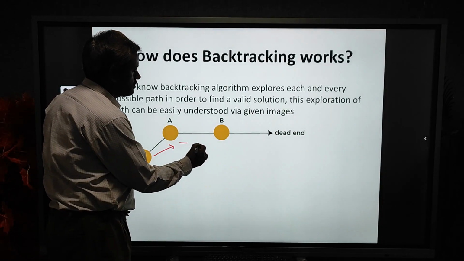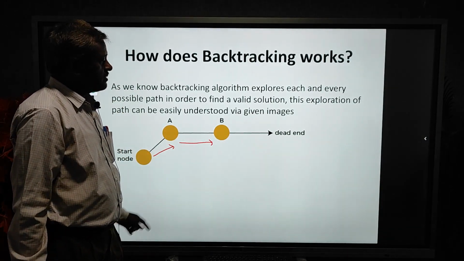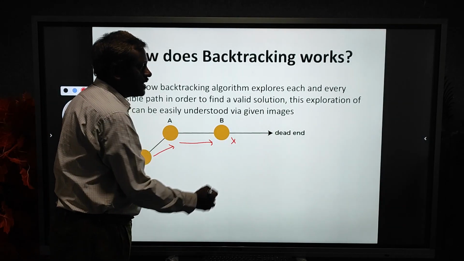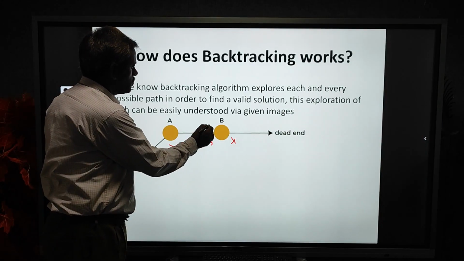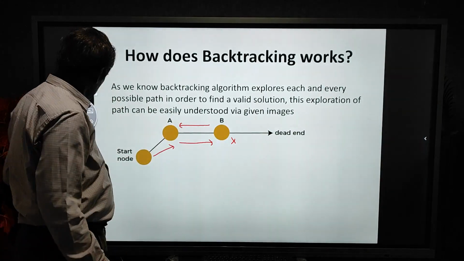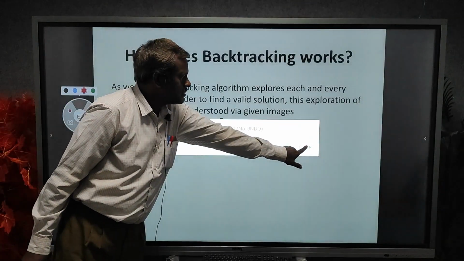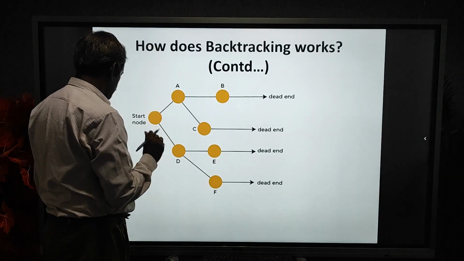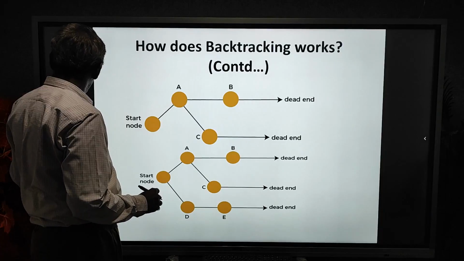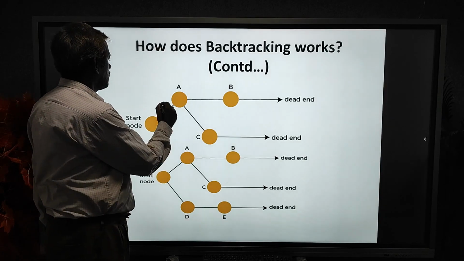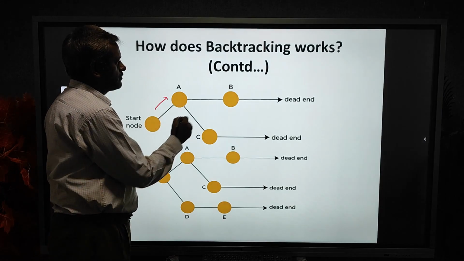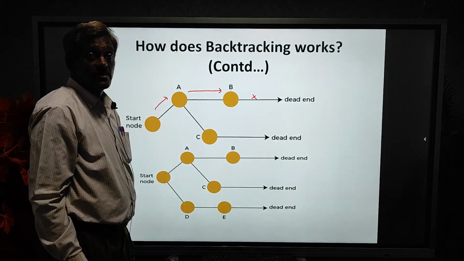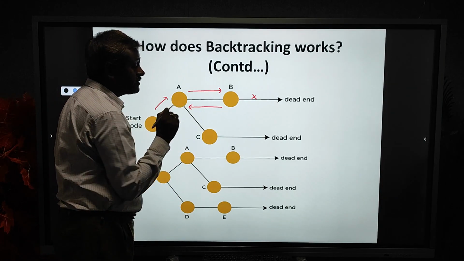Now I am moving to B. But the optimal solution that I am thinking of has not happened, so I am going to backtrack to A. We went from A to B, so this is the dead end. I am unable to move further. Now I backtrack to A.